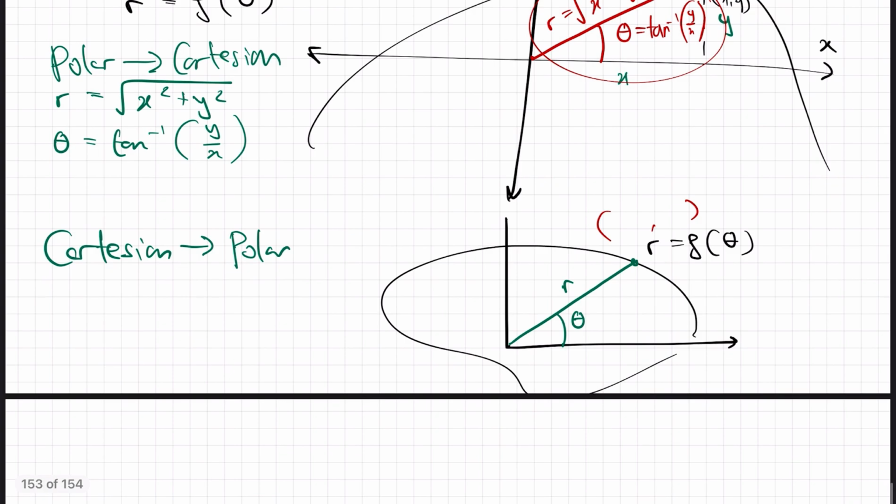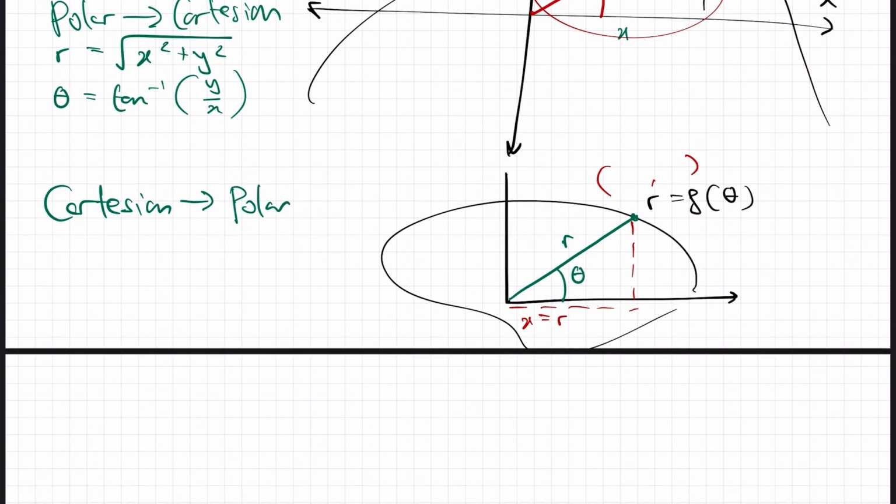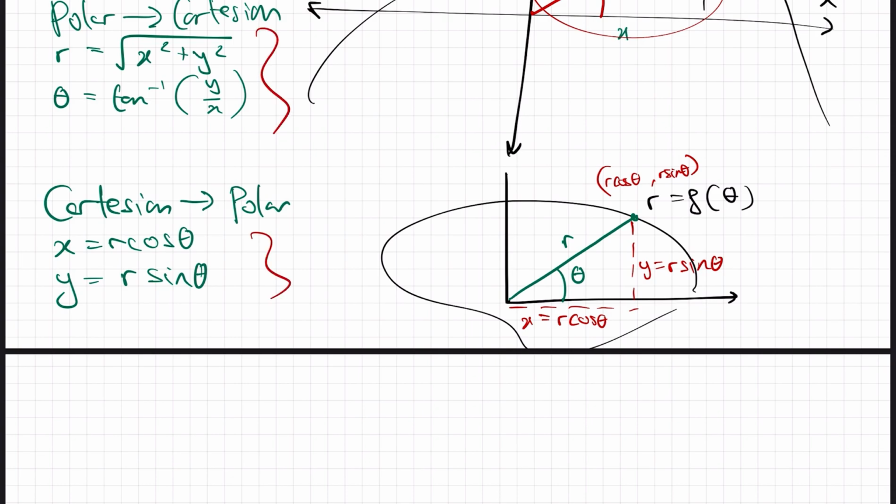The x coordinate is the base of this triangle, and the y coordinate is the height. x is equal to r cos theta, and y is equal to r sine theta. So our point is (r cos theta, r sine theta), which gives us these equations. These are the equations you need to know to convert between Cartesian and polar equations.